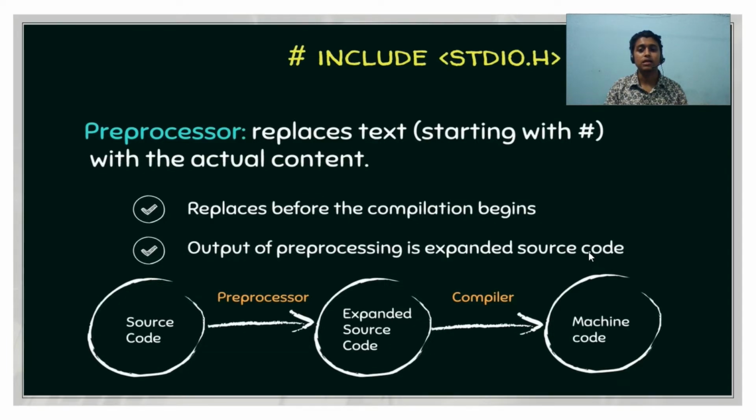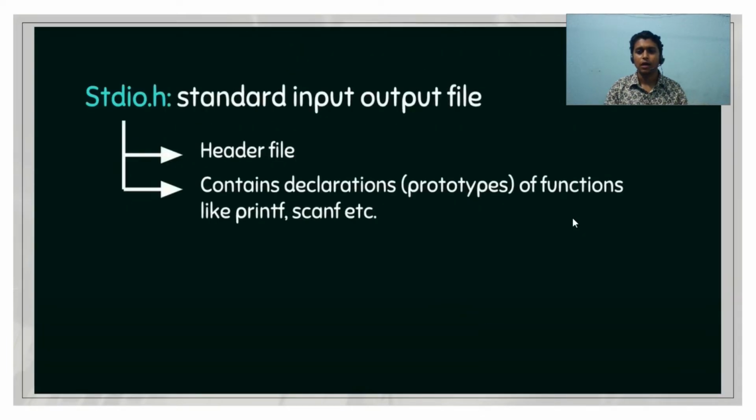Now what does stdio.h mean? stdio.h is a standard input output file with a .h extension. This file with the .h extension is called a header file. Header files usually consist of prototypes, or you can say declarations, of the functions that we need. For example, stdio.h consists of declarations of functions like printf and scanf.